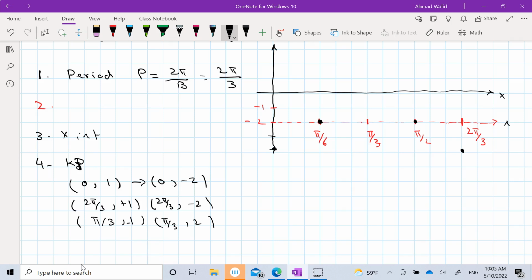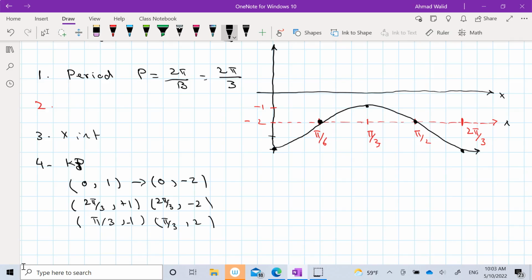Pi over 3 and negative 1. That's the graph of cosine.